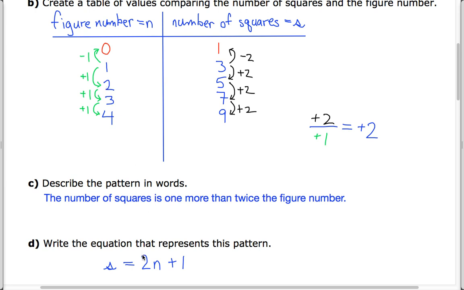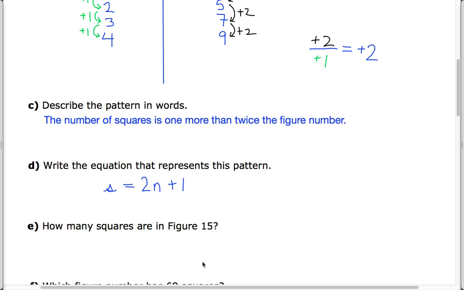What about if n is equal to 2? We'd have 2 times 2 plus 1. Well, that's 5. So it's still working. With n equals 3, 2 times 3 plus 1, that gives us 7. 2 times 4 plus 1 gives us 9. So you can see that for each of these n values, we get the correct s value using this equation.